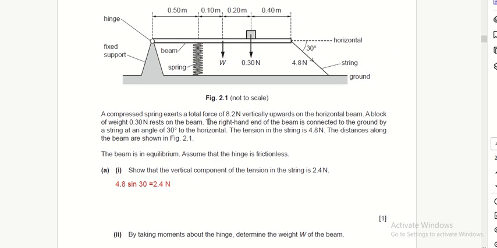How to determine the weight by using the moment around the hinge. The forces of the weight of the beam, the weight of the block, and the vertical component of tension are all in one direction, and in the other direction we have the upward force of the spring.